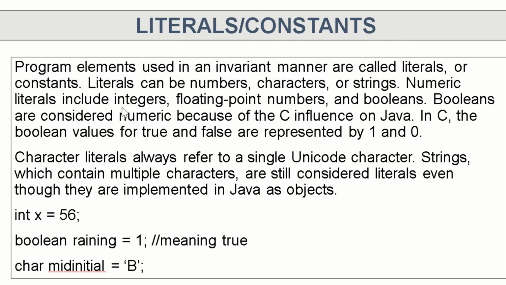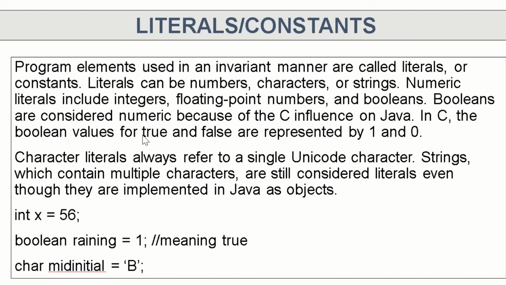Numeric literals include integers, floating point numbers, and boolean. We learned a while ago the different primitive data types as well as their length and range, and it is the same usage when it comes to literals and constants. Whatever property those integer, floating point, and boolean types have remains the same once you create a declaration classified as literals or constants.